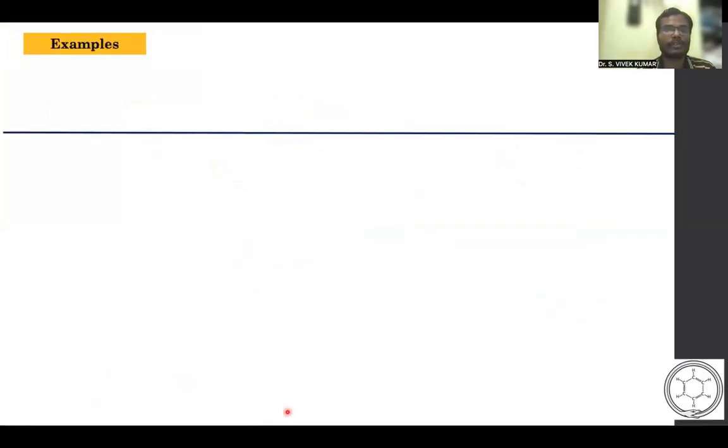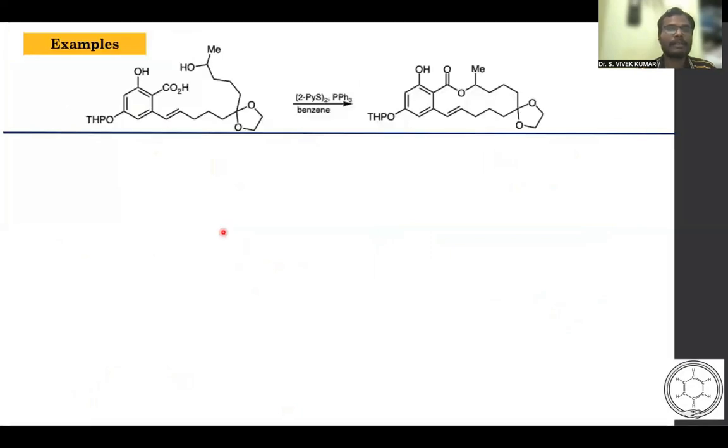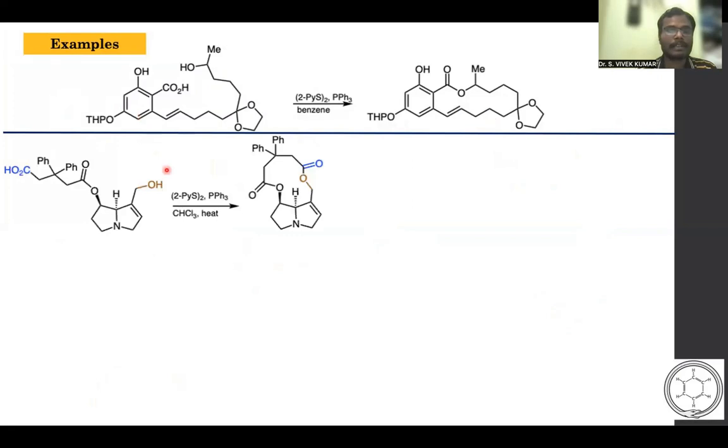Now we are going to see some examples. This is one of the examples. This example has an aromatic carboxylic acid, and at the other end it contains the alcohol. When you subject it to the Corey-Nicolaou conditions, it generates the corresponding macrocyclic lactone. This is another example.